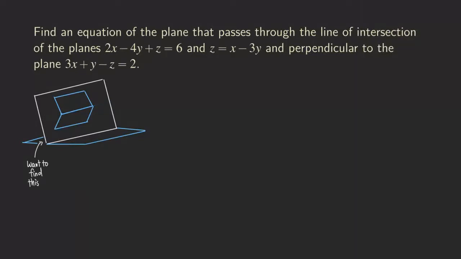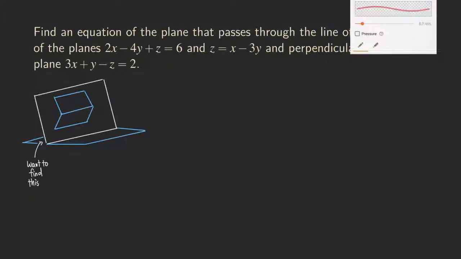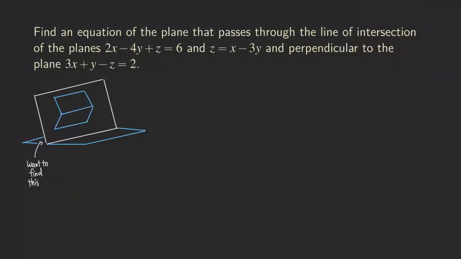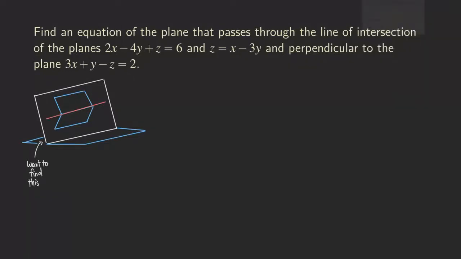Now, this line of intersection is something I'm going to determine, so that's not really given to us. Let me just put it in red. You can see that this line of intersection is something that we've got to find here. And then what else do we need to find? We need to find a point. And how do we get a point?